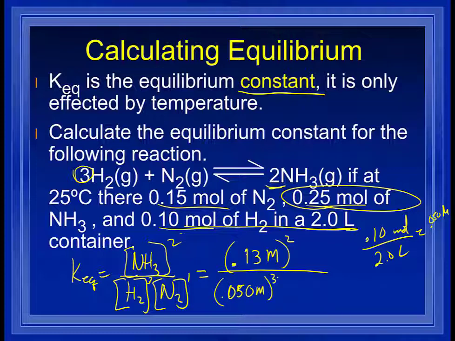I need to cube that. And then I got to figure out the concentration of the N2. And the N2 was 0.15 moles. If I divide that by 2 liters, I get 0.075 molar.